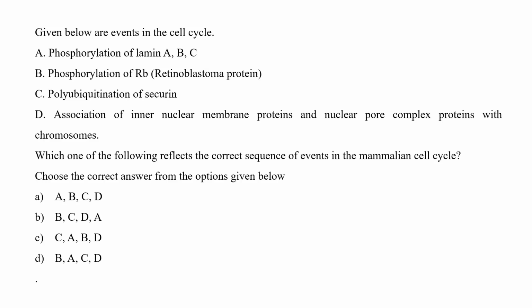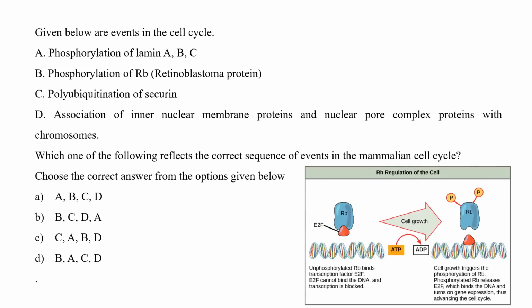As we know, cell cycle events are tightly regulated by the cyclins and cyclin dependent kinases, which are definitely under control. Retinoblastoma protein is a nuclear protein that undergoes phosphorylation and dephosphorylation in concert with the cell cycle. To begin the cell cycle, retinoblastoma is phosphorylated, which now cannot bind to the E2F transcription factor.